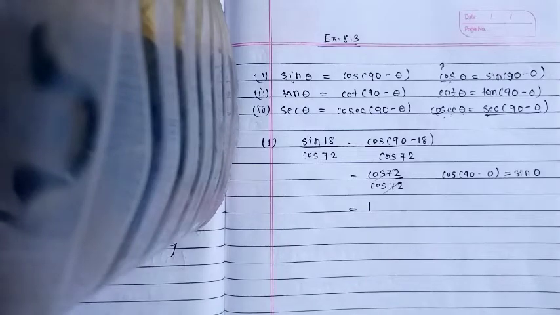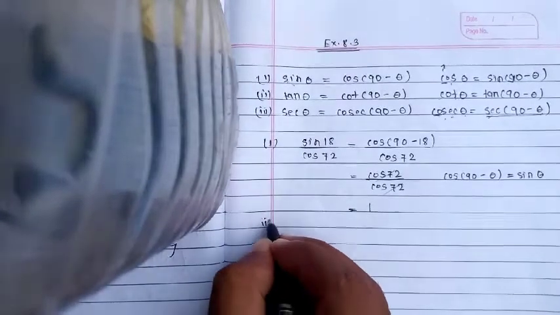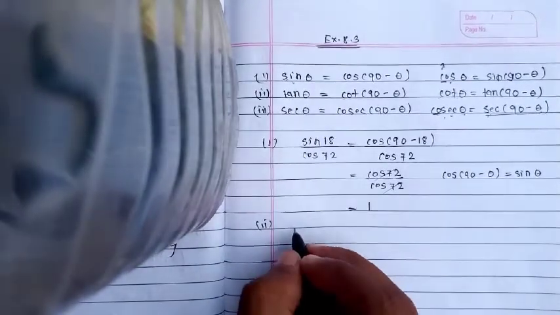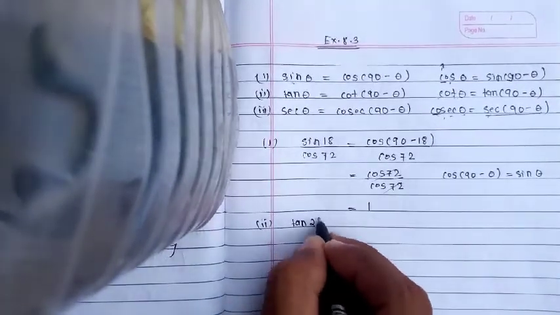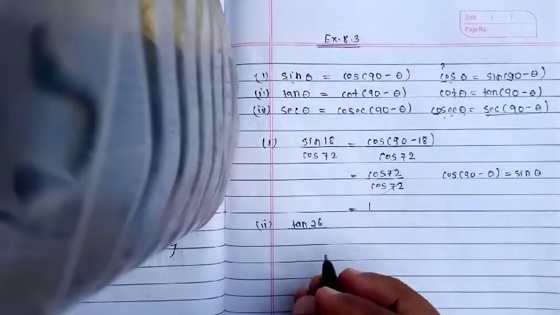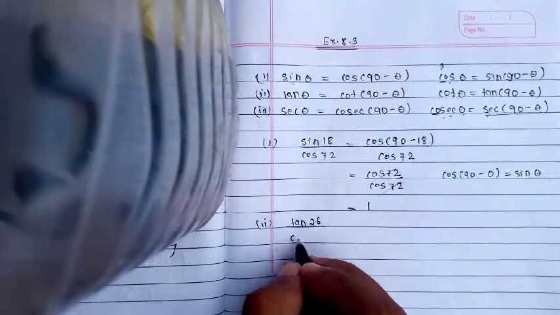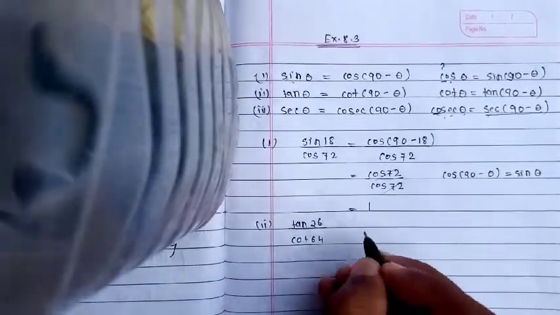Then we have question number 2, the second one, tan 26 upon cot 64.